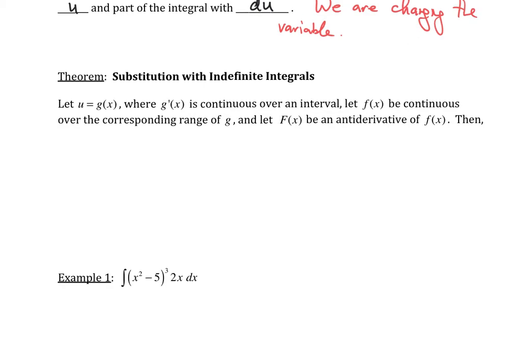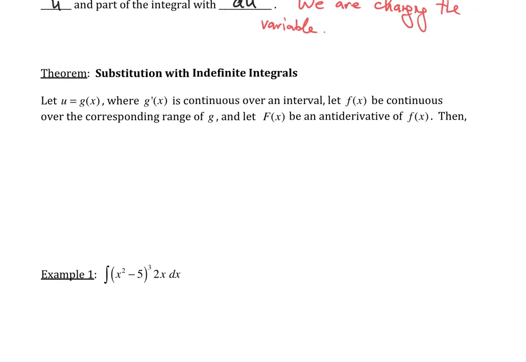Let's say you have some function u equal to g of x, where the derivative g prime of x is continuous over an interval, and let f of x also be continuous over the corresponding range of g. So this whole discussion is because we're working with a composition of functions, okay? And let capital F of x be an antiderivative of lowercase f of x.